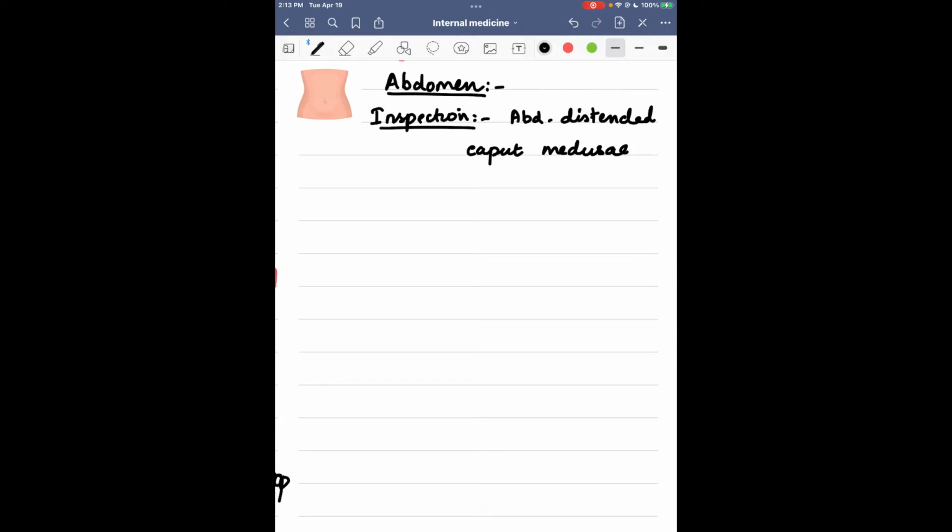And then if there is any hemorrhage, then we can see Cullen sign. Cullen sign is basically in the umbilicus, and Grey Turner sign is near the flanks. These both are for hemorrhage.